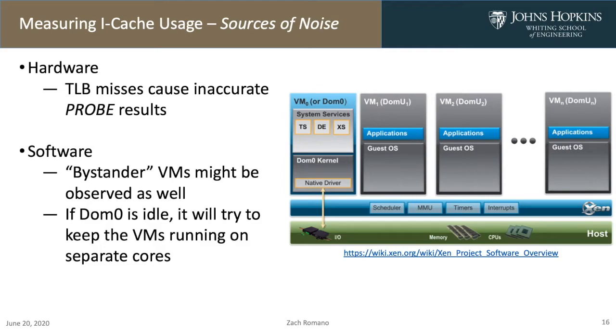Maybe we're sending a bunch of requests to the attacker or a bunch of requests to the victim, and this administration VM is in charge of all of the network traffic. That's going to cause it to have a higher load to distribute the network traffic, and that will vastly increase our likelihood that these two end up on the same physical core.